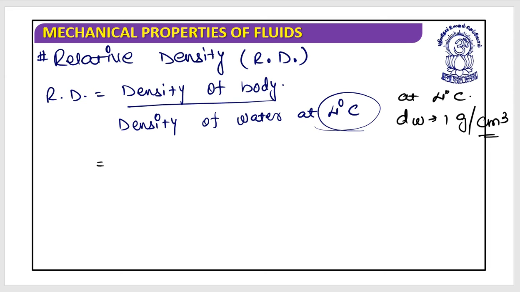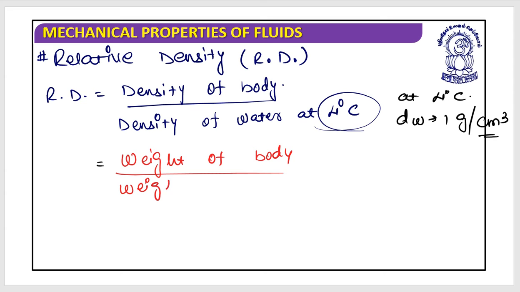Even when I say density of body, I could write it as the weight of the body divided by the weight of water at 4 degrees Celsius. But when I say weight of water, I should say it's an equal volume of water.